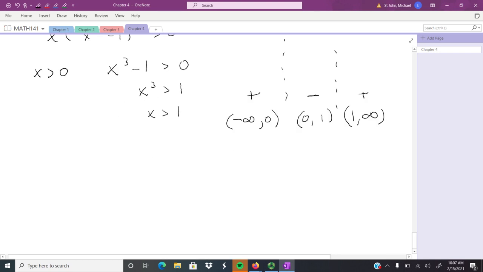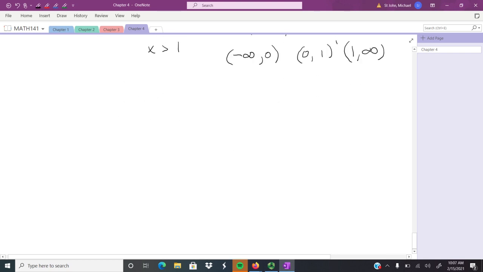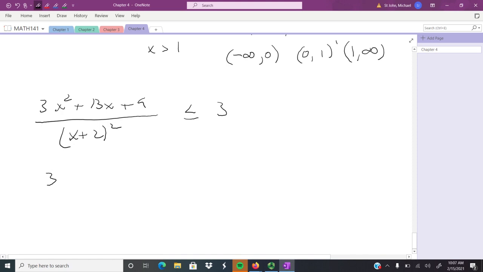Right. So let's look at another problem. So let's say we now have this: 3x squared plus 13x plus 9 over x plus 2 squared less than or equal to 3. So 3x squared plus 13x plus 9 over x squared plus 4x plus 4 minus 3, 0.